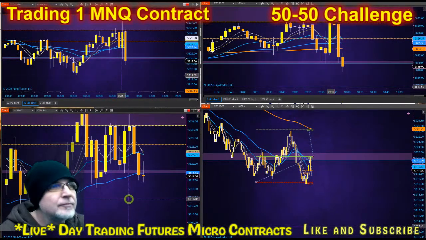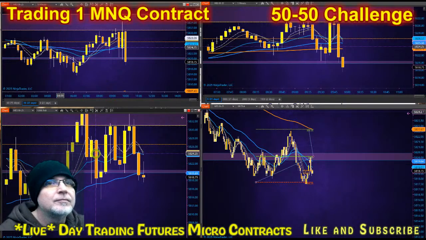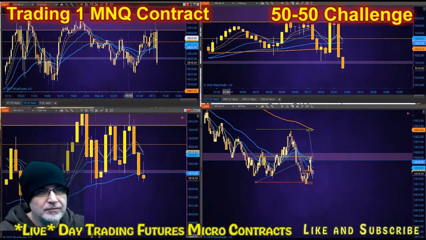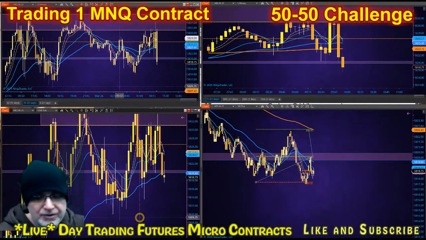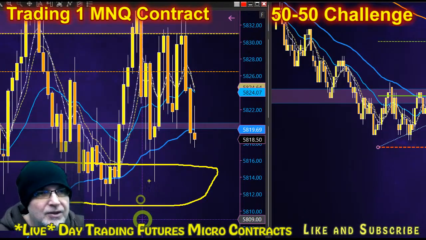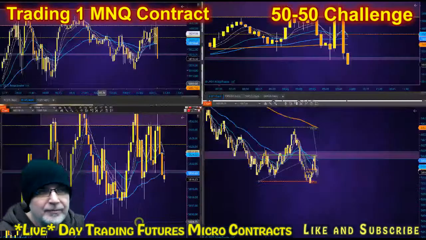Okay. It's hard to get excited about shorting it when it's got so much sideways activity, choppiness down in this area right here. It's hard to short into that.